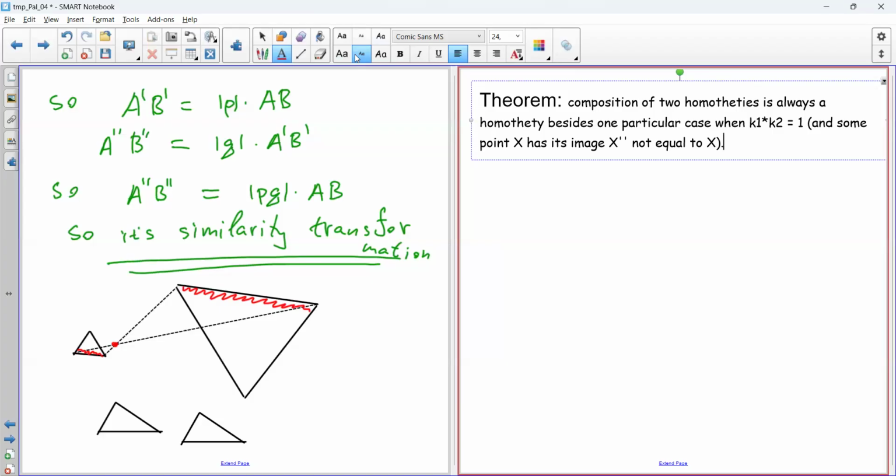If the product is 1 and x double prime coincides with x, again for at least one point, that means we may take any point as the center of homothety because it would be just the identity transformation. No changes at all. And for any other situation, when the product of coefficients is not equal to 1, it would be a true homothety.